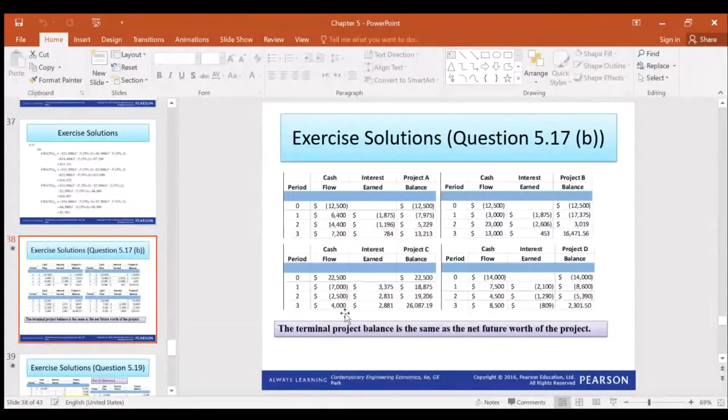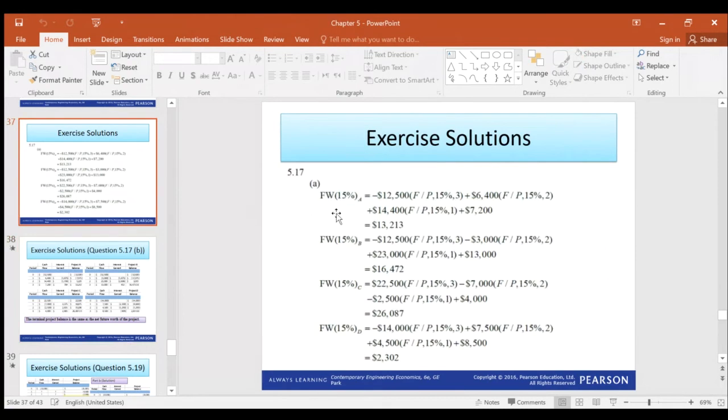So if you look at 5-17, for project A, just one question separately, it is exactly the same thing. When you calculate a project balance, see the last answer, it is 13,213, right? And if you look at the same question, part A, future worth of a project at 15%, it is the same.